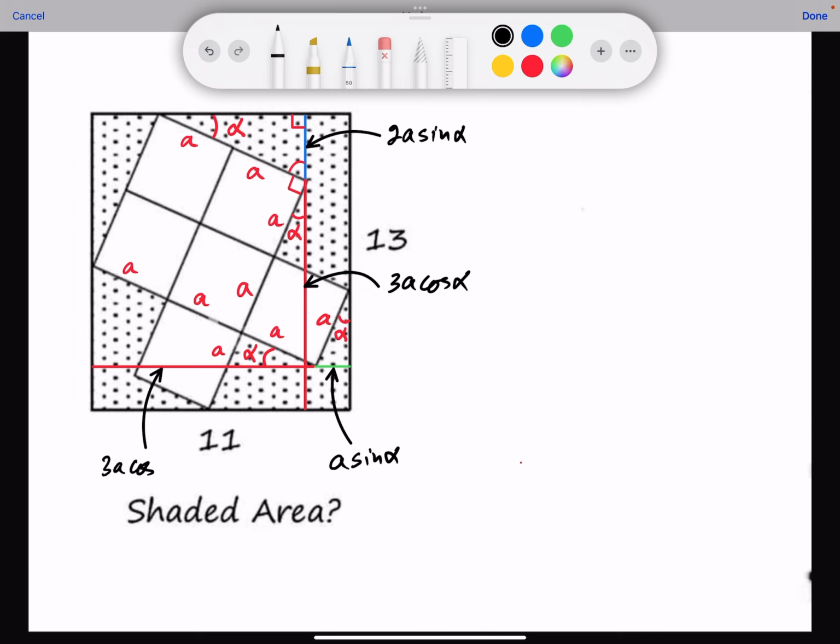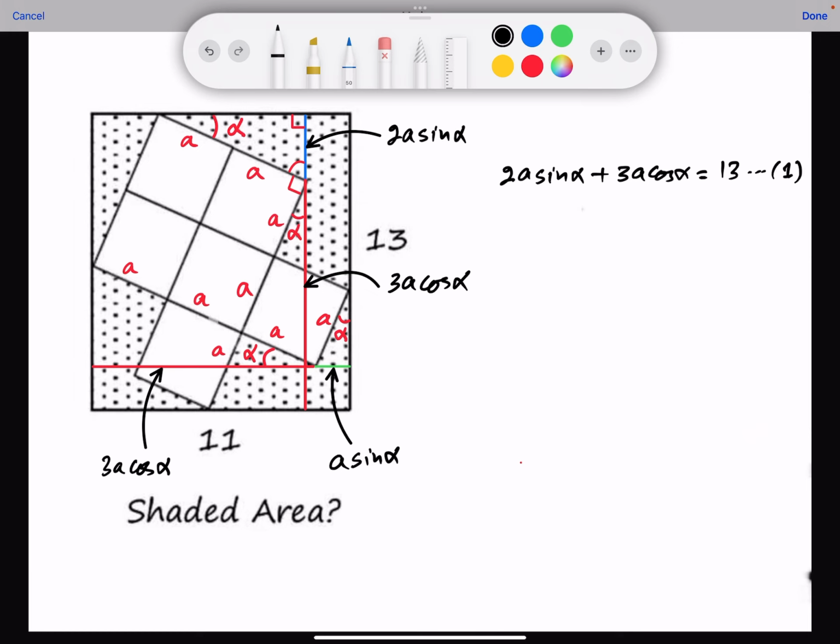And then I will form two equations, because I know that the rectangle side lengths are 13 and 11. The first equation is going to be twice A sine alpha plus 3A cosine alpha is equal to 13, and I will call this equation number 1.